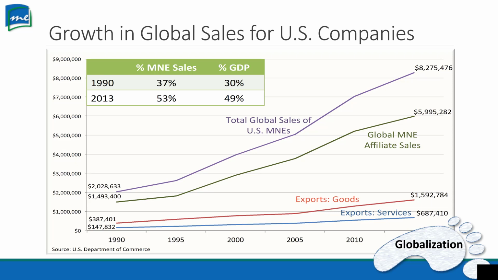By 2015, which is the last data point on this, we've had about a 5-fold increase in each of those exports of goods and exports of services. However, if you look at the sales, going from $2 million on total global sales all the way up to $8 million, that's a 400% increase. Pretty significant, all from going global.